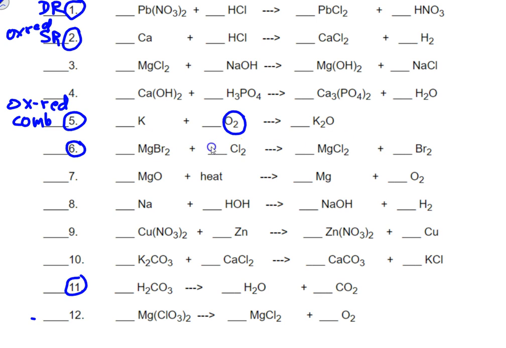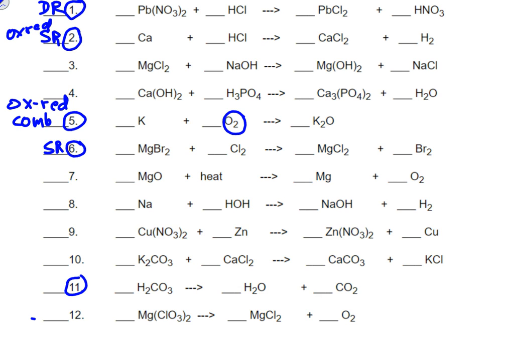Okay, let's do this guy. Come on, we've seen this one before. What is he? Isn't this double replacement? No, it's not double. Single replacement. Double replacement, you don't ever see elements. The Cl2 is an element, chlorine. Br2.